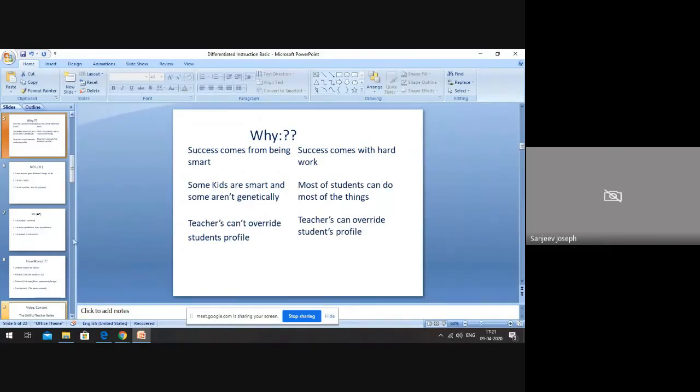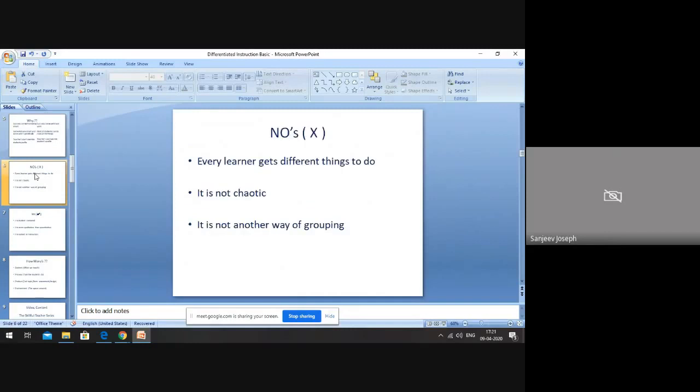We go to the nos of differentiated instruction. What is not differentiated instruction? Here, every learner gets different things to do. Suppose we have 35 students, it will be very, very hard for us to do 35 things for 35 learners.